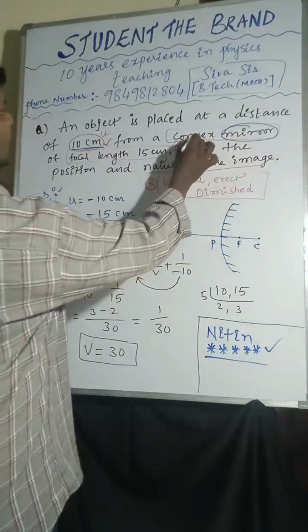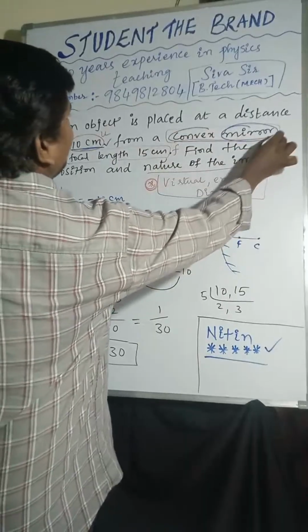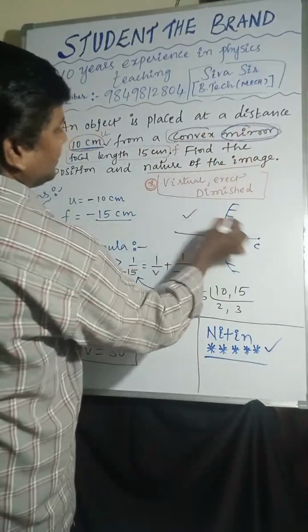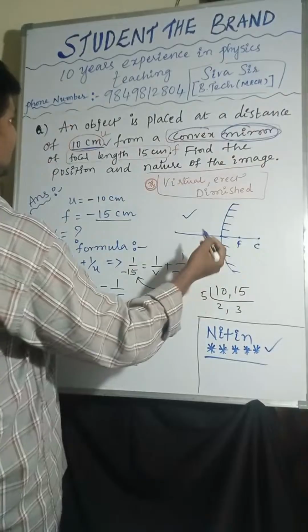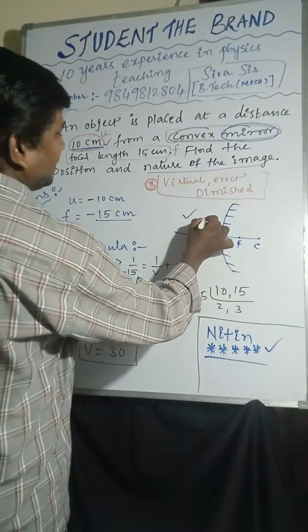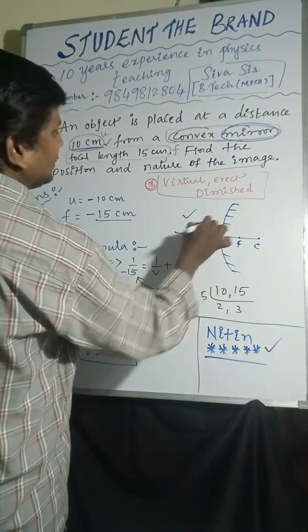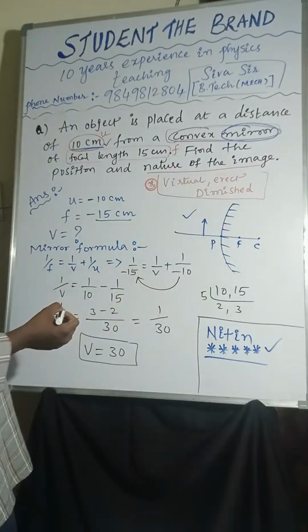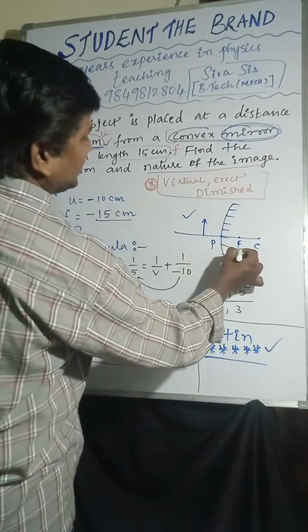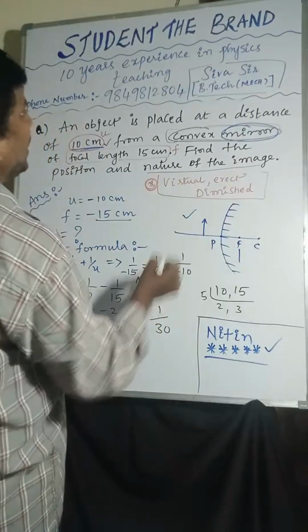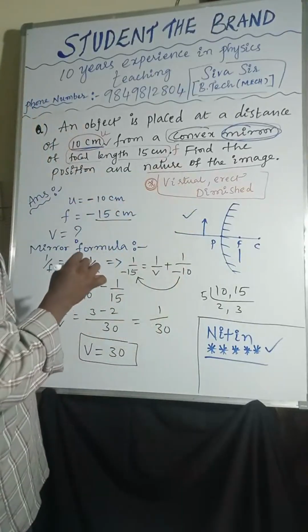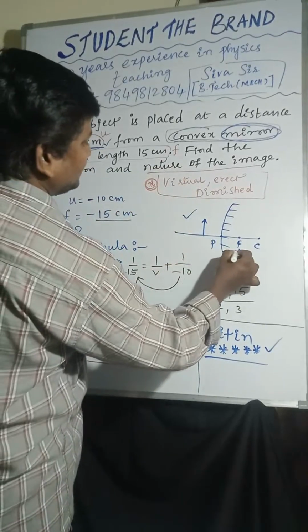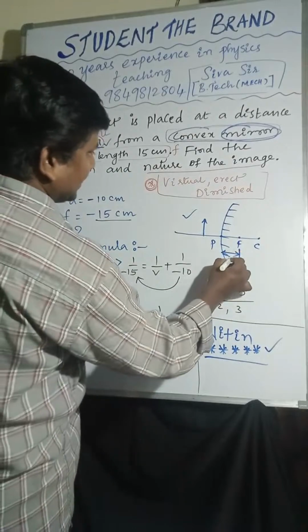By seeing the mirror we can draw the diagram, like this. And the focal length is 15. Convex mirror, focal length is 15 centimeter, right?